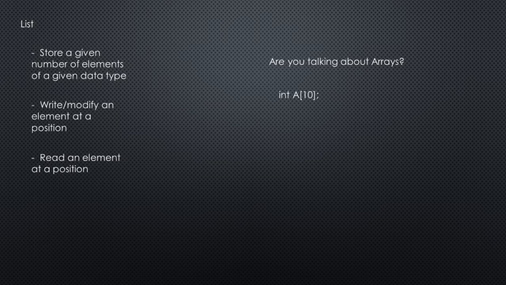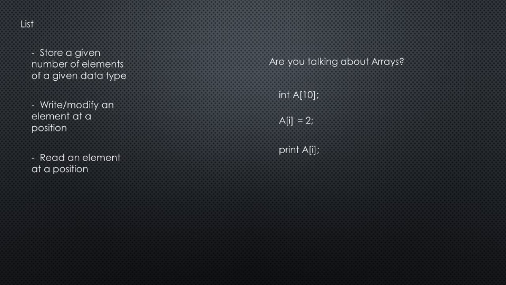So let's say we want to create a list of integers, so we declare an array as type integer, and then we specify the size as a parameter in the declaration. I can write or modify an element at a particular position. I can also read elements at a particular position. The element at the nth position is referred to as A[i]. So array is a data structure that gives us an implementation for this list.